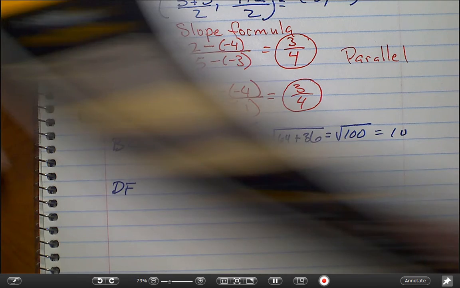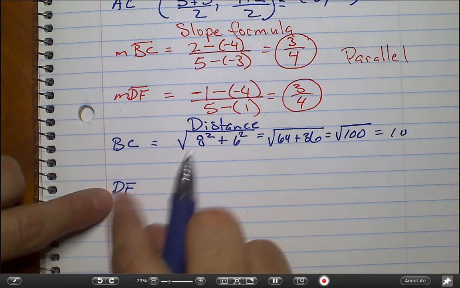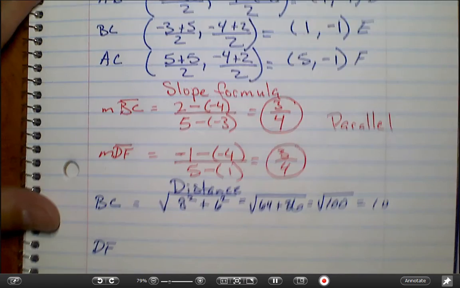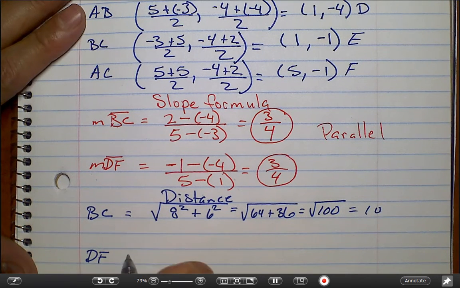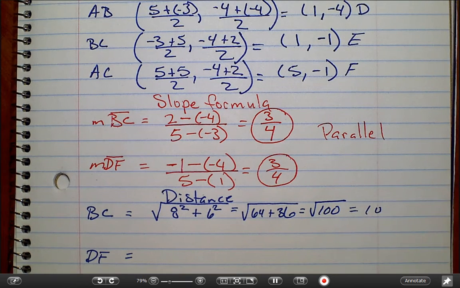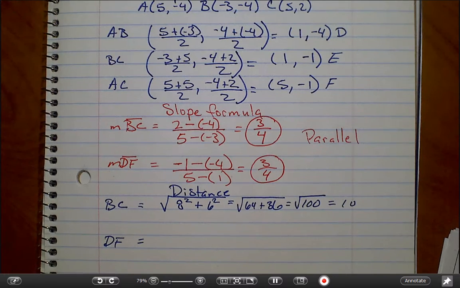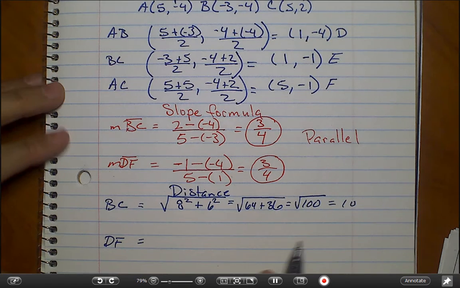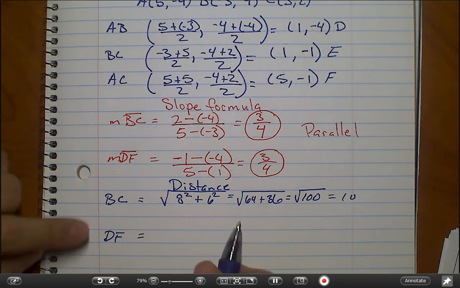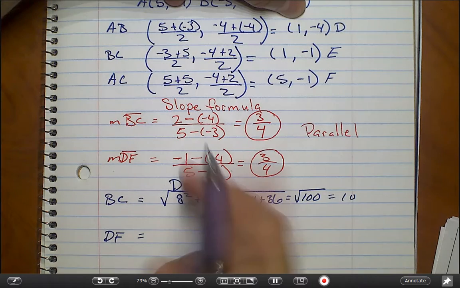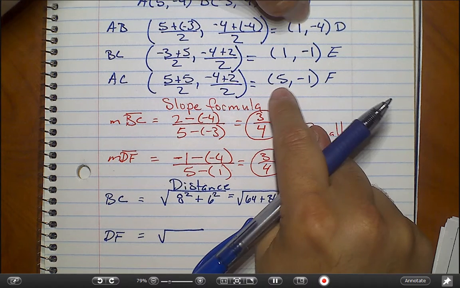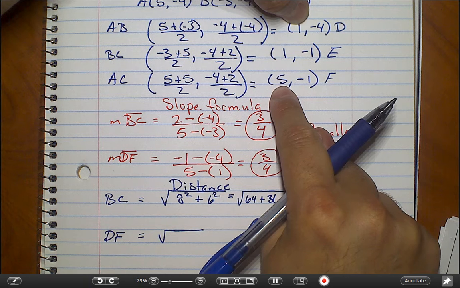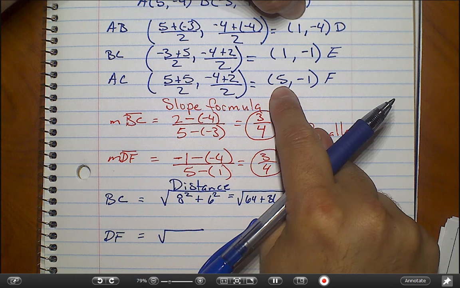All right? Now, we're going to do the same thing for DF. So let's bring down DF right here. Equals, I'm going to zoom out a bit. So for DF, here's D and F. Square root of, how far is 1 away from 5? It's 4, right?